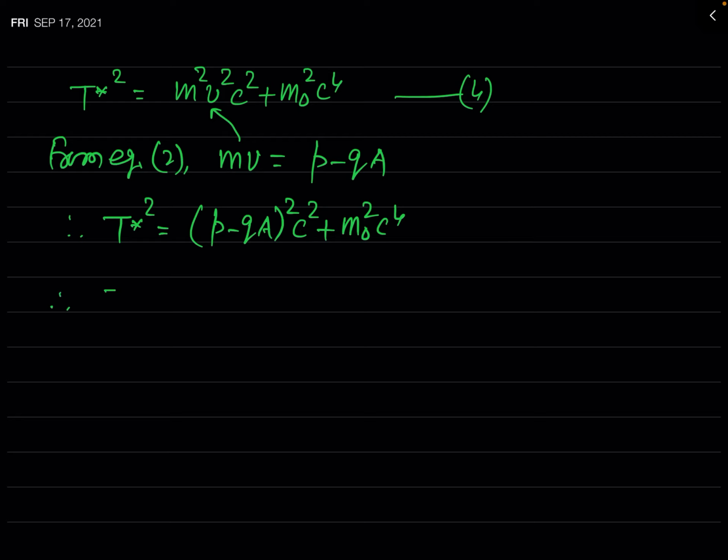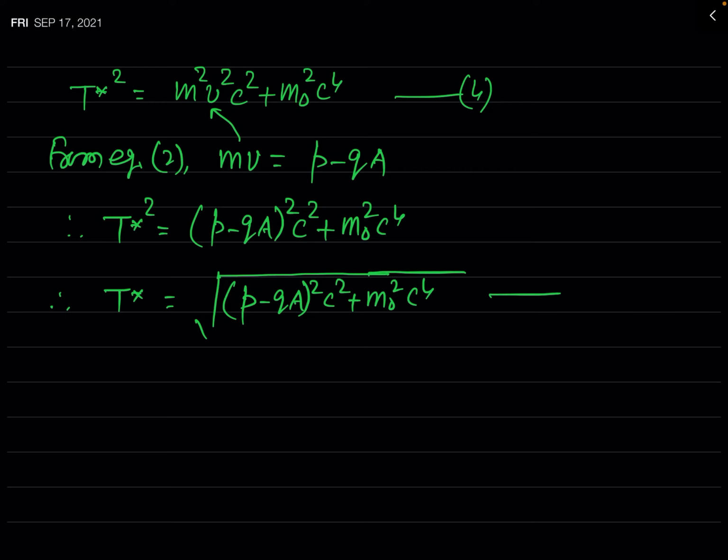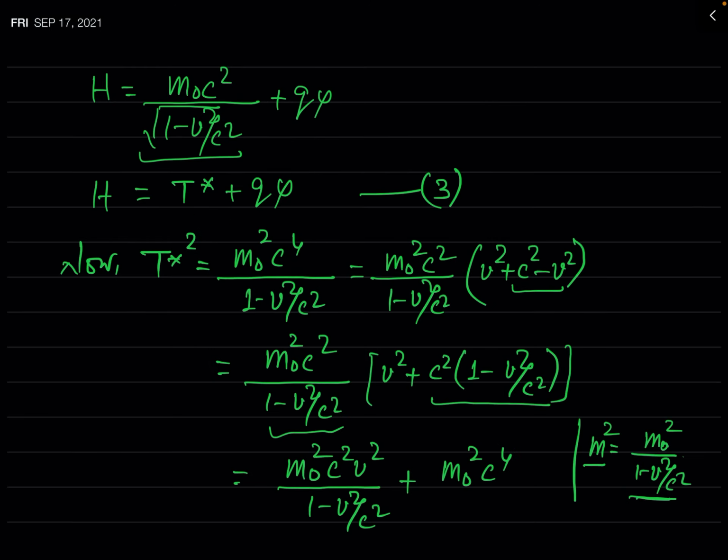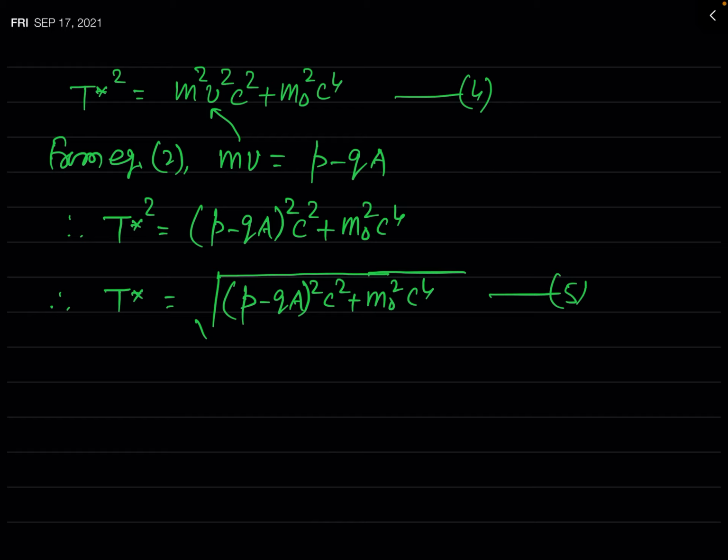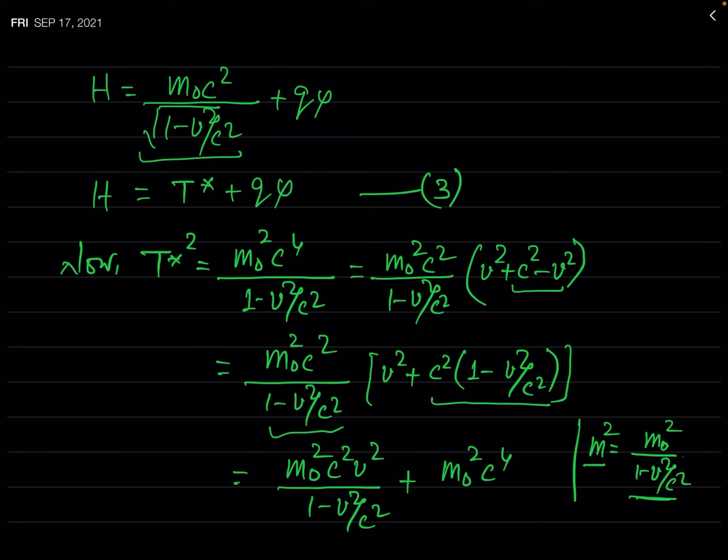And therefore T star is simply the square root of p minus qA whole square times c square plus m naught square c4. This is, say, equation number 5.